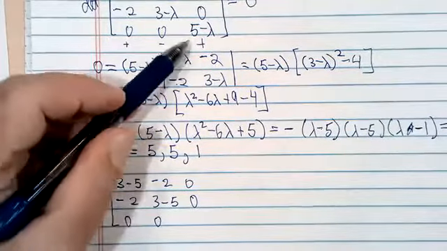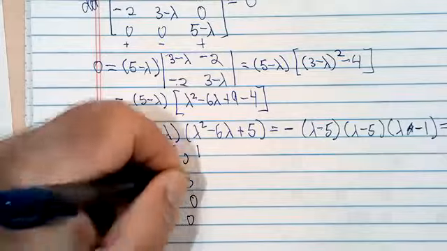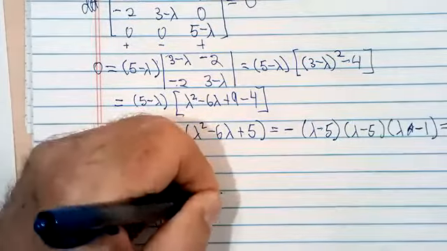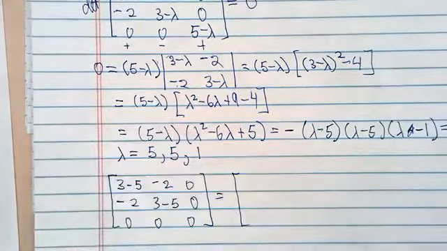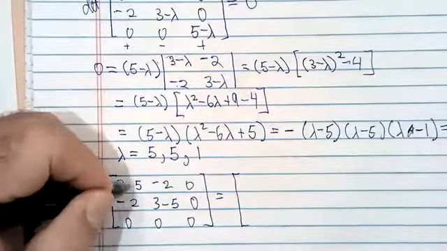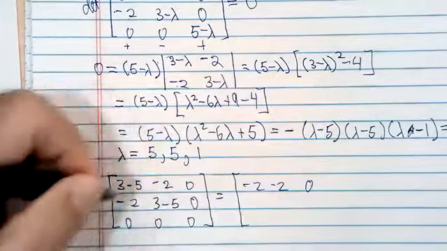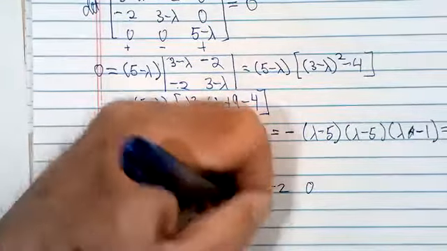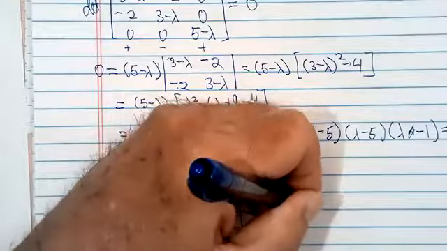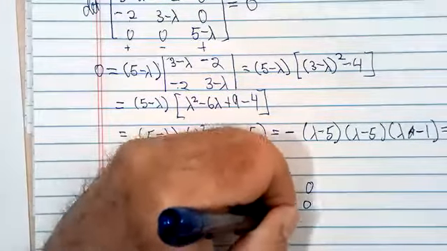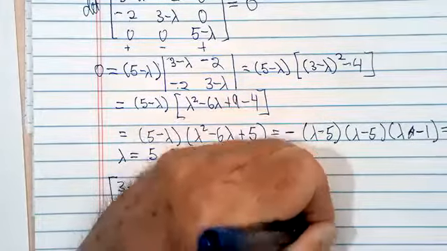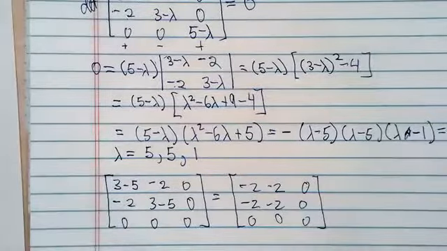Let's see, 5 minus 5 is 0. So that gives what? 3 minus 5 is negative 2, 0, negative 2, 0, and 0, 0, 0. Well, that is pretty handy.